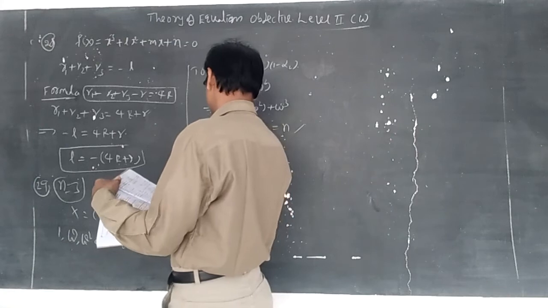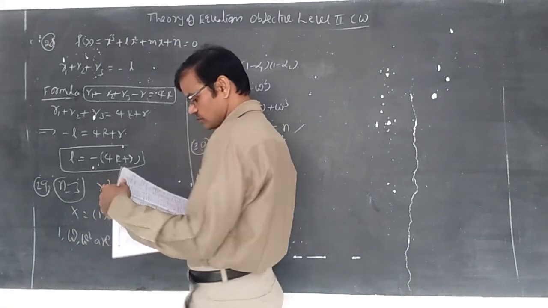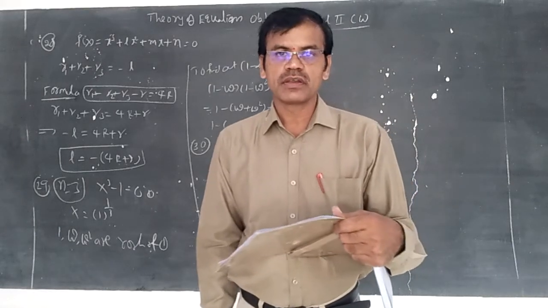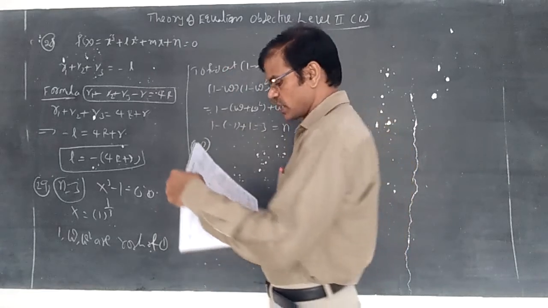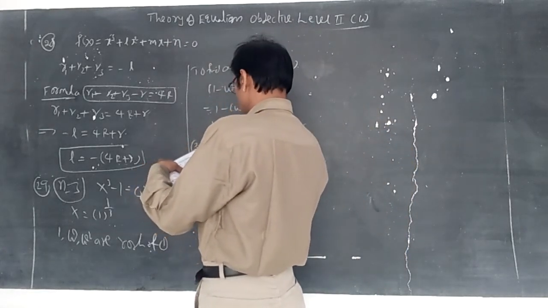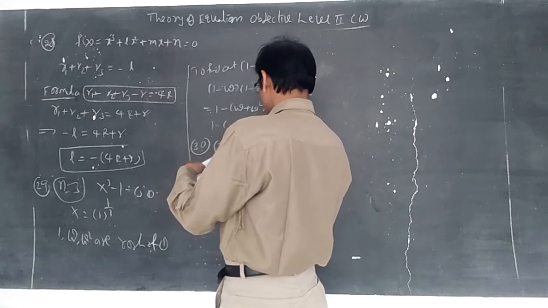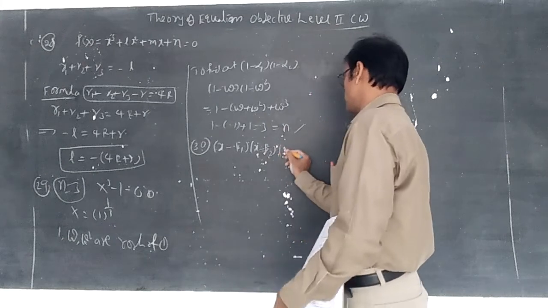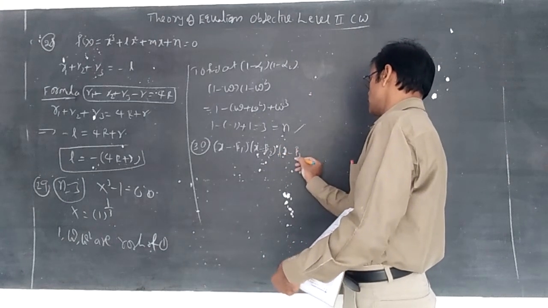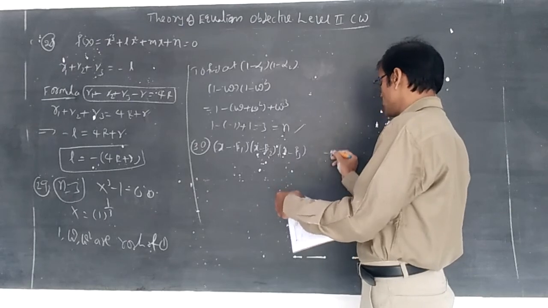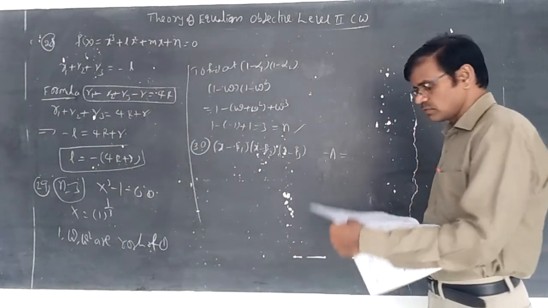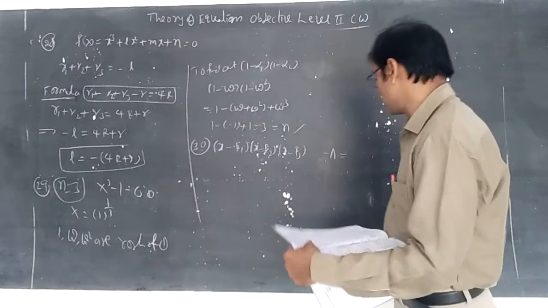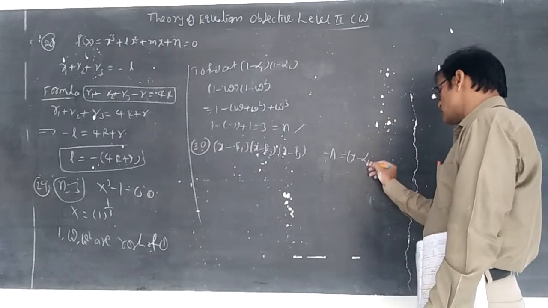Next, 30th question. Alpha 1, alpha 2, alpha 3, and so on alpha n are the roots of the equation x minus beta 1 into x minus beta 2 into x minus beta 3, and so on, minus a is equal to 0.